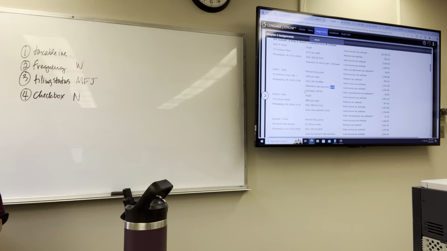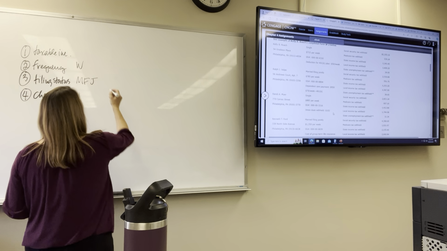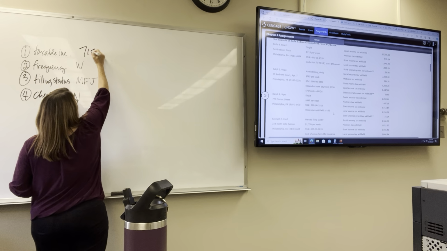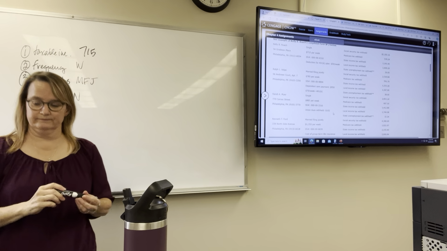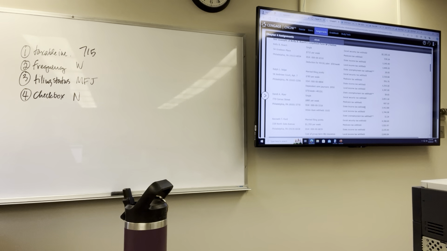All right, so he has $70 a week in 401k withheld. So his taxable pay for federal income tax purposes is $785 minus the 70, so we're at $715.